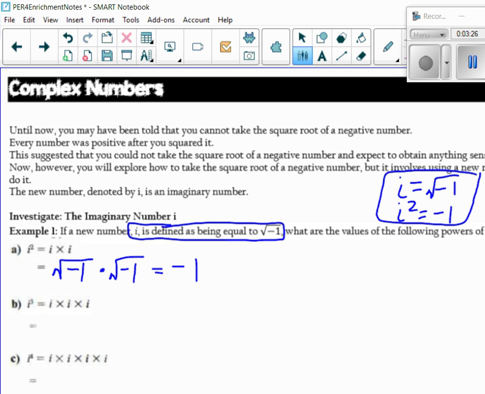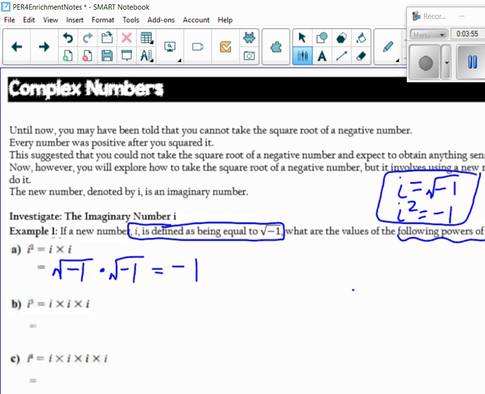I know that's hard to understand. If we're going to use this concept, essentially we want it in relation to powers of i, okay?